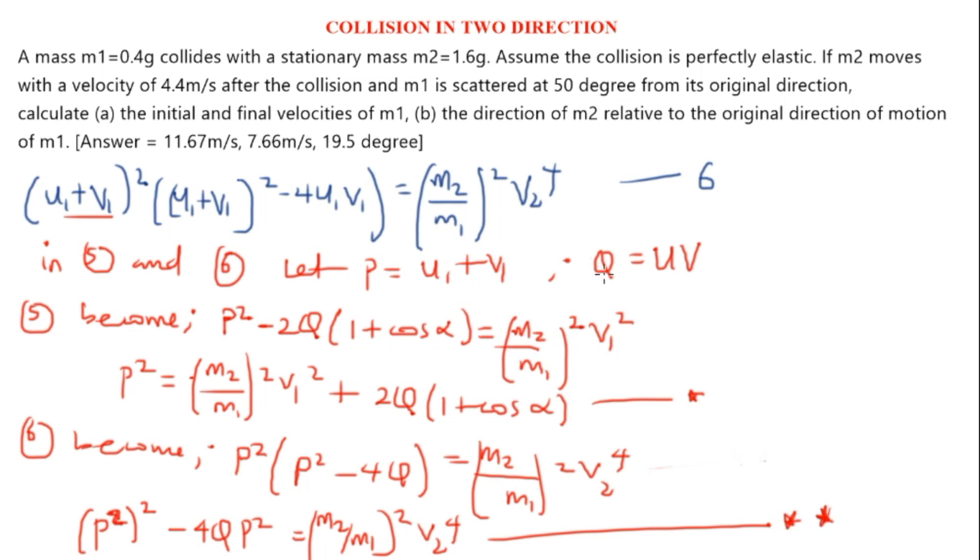So what we are going to do now is to substitute star into star star. If I put star, which is p squared, here, then we'll simplify the equation. We are almost done.